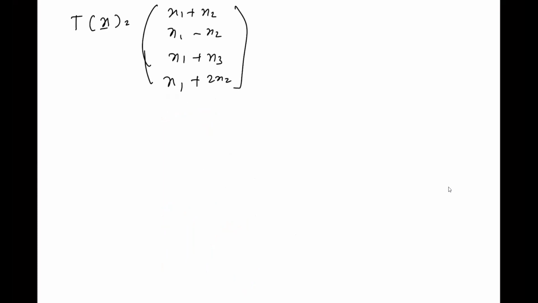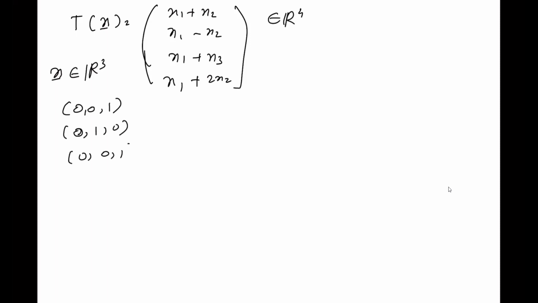The input x is in R3, and the output is in R4. And I know the R3 basis, the standard basis, is nothing but (1, 0, 0), (0, 1, 0), (0, 0, 1).